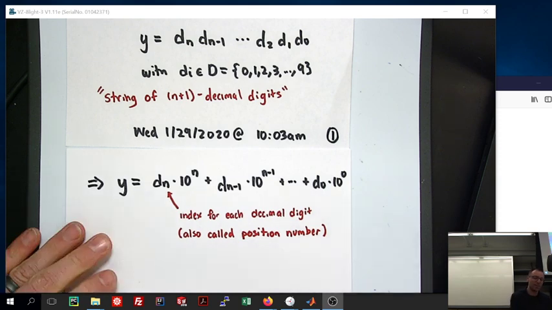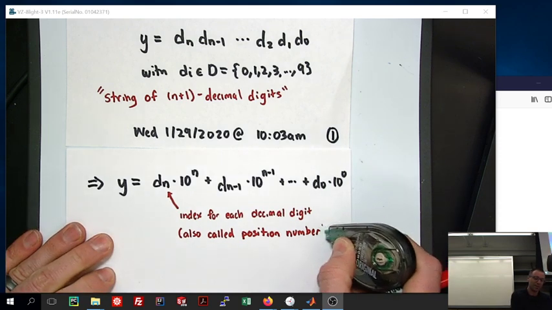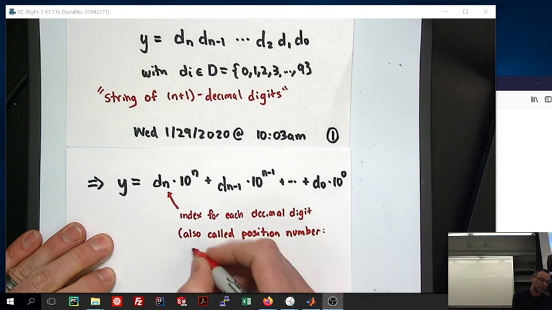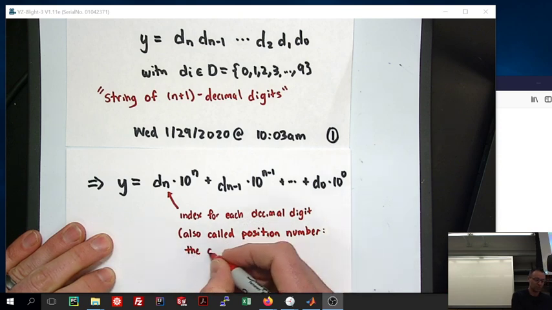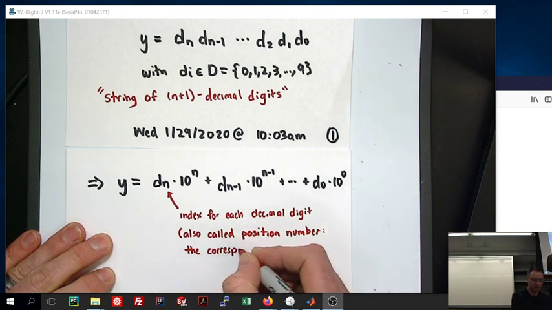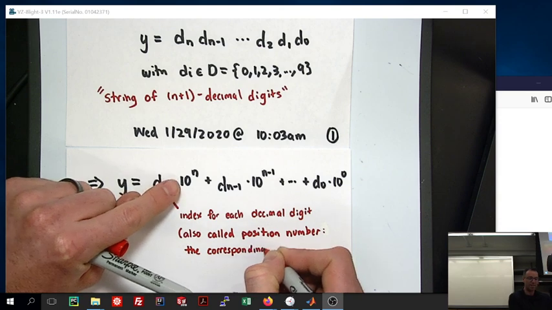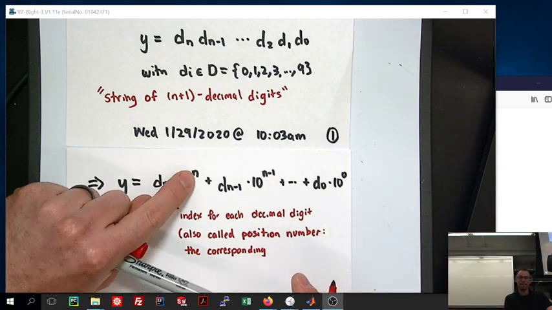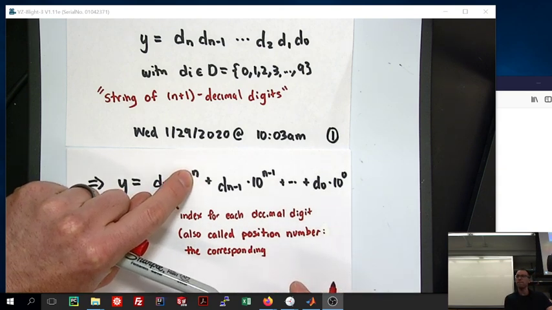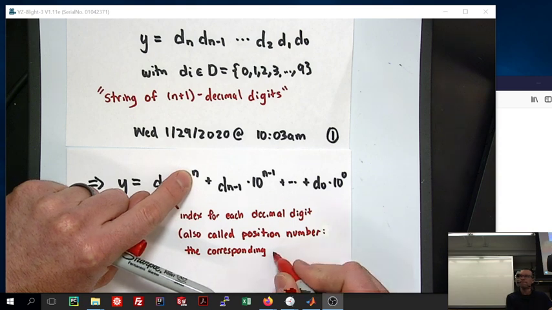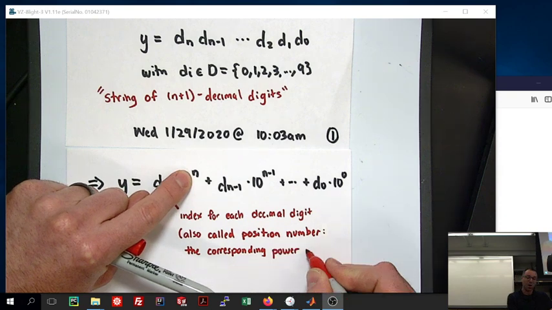What's another way to say position number? Yeah, it is the decimal place. The corresponding power on the radix 10.